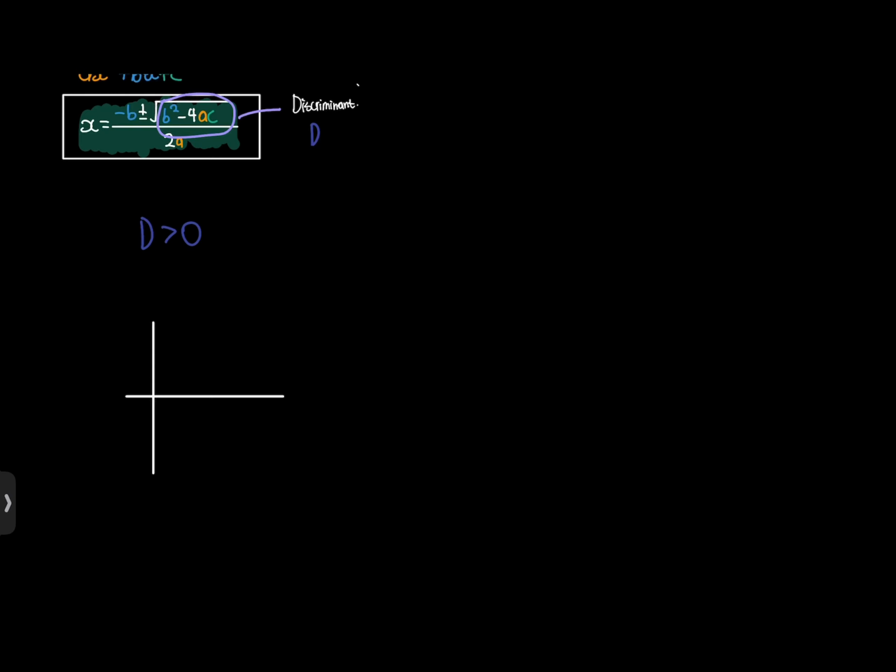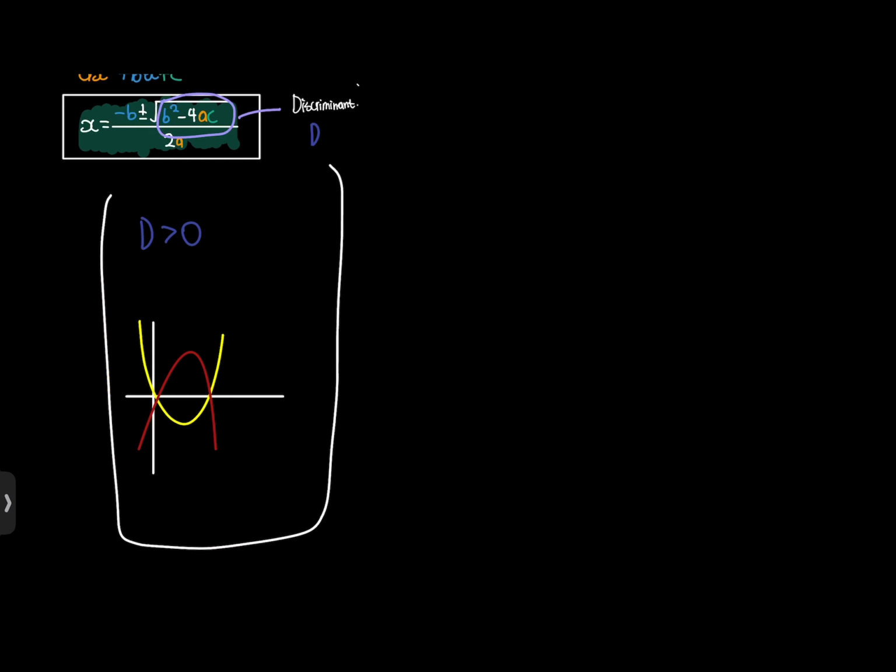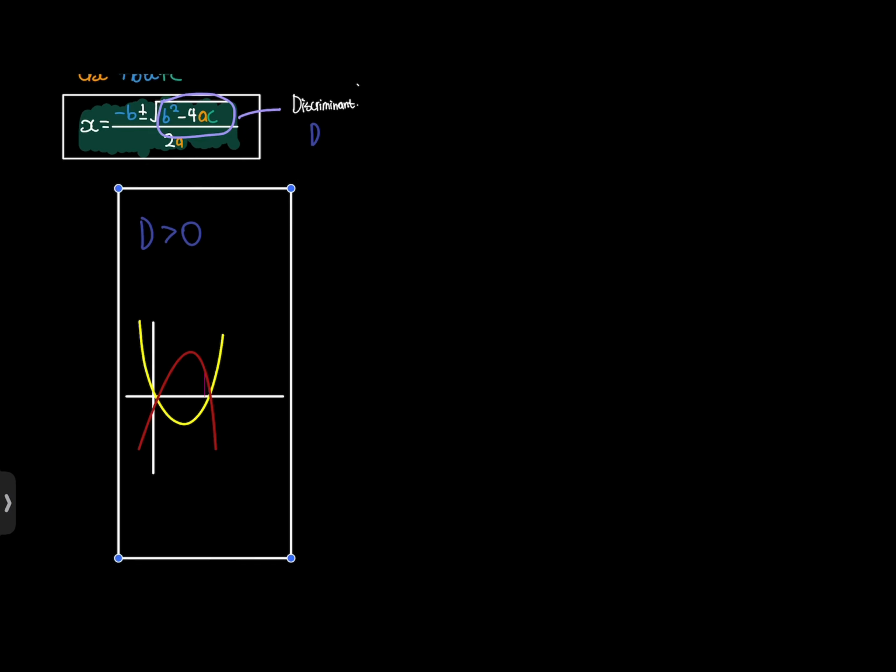Your graph is going to look something like this. So these graphs up here intersect the x-axis at two different points.